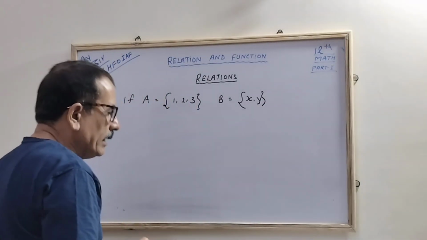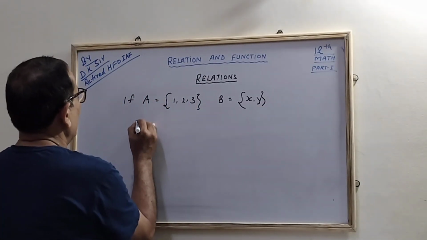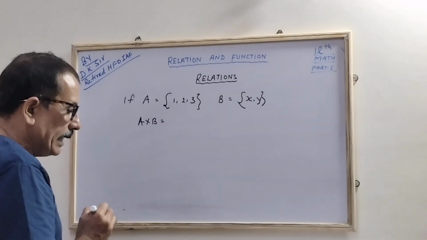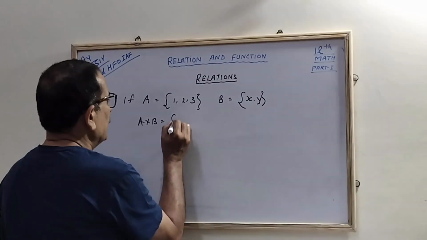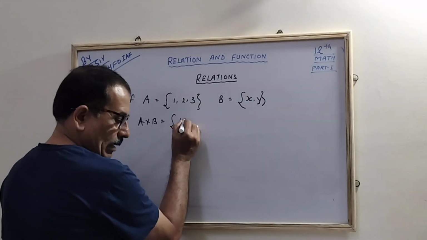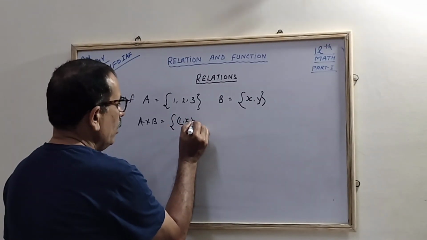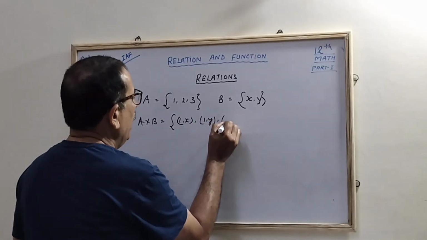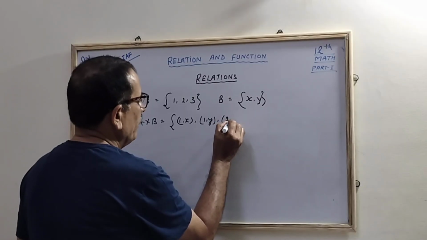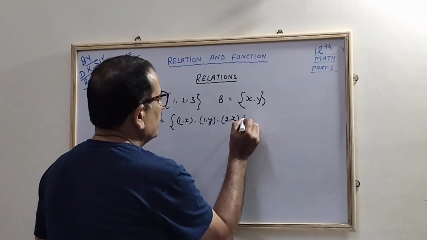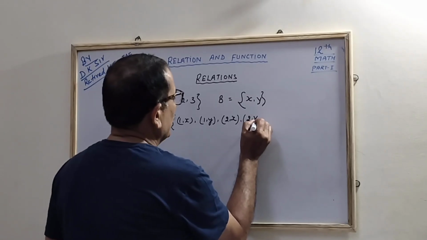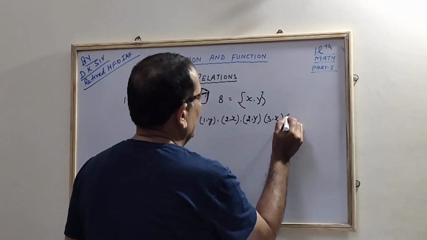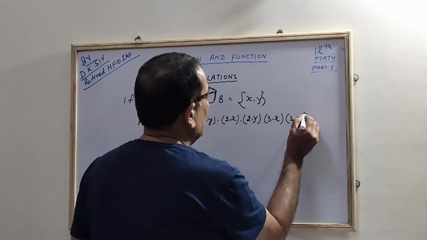Then we can find the Cartesian product A × B. It will be (1, x), (1, y), (2, x), (2, y), (3, x) and (3, y). So this many elements will be there.